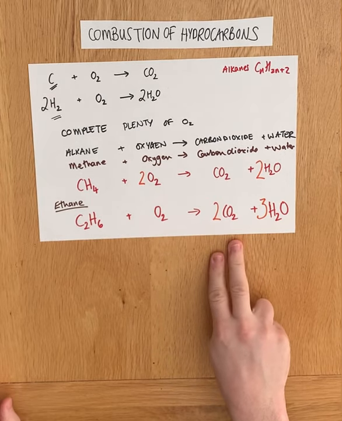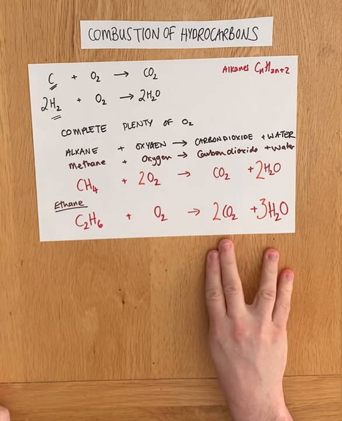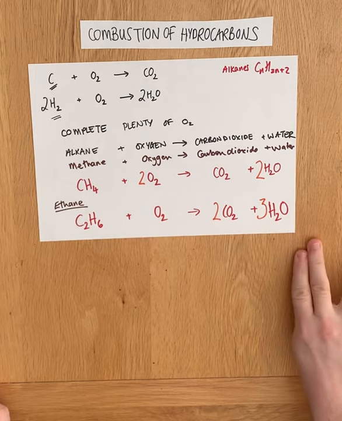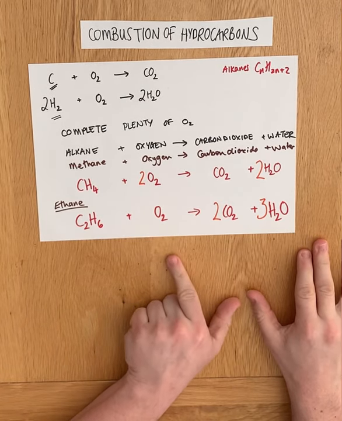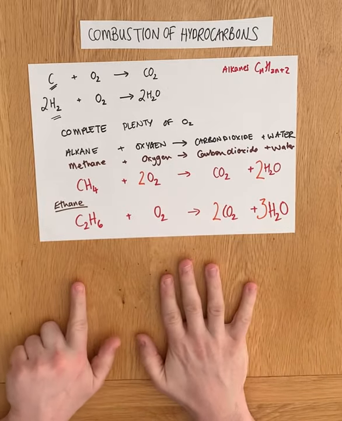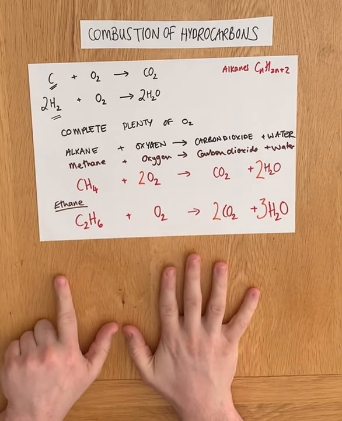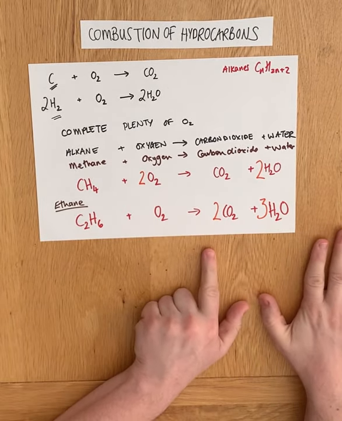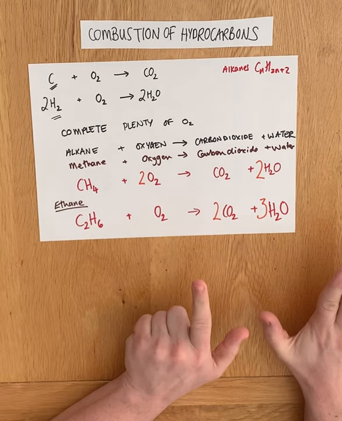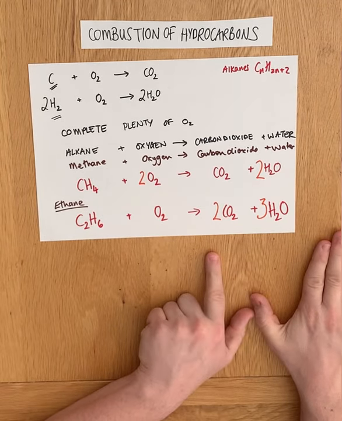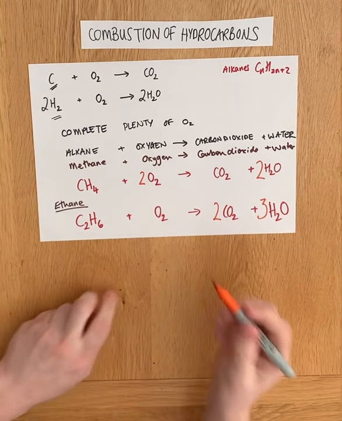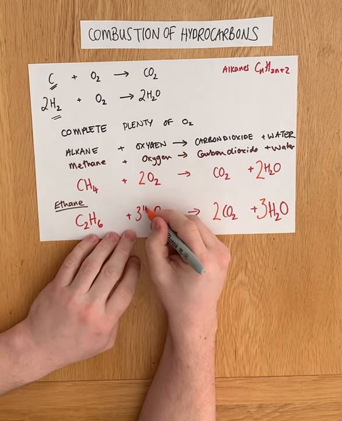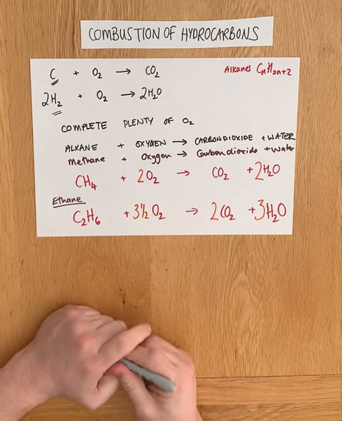I've got 2 oxygens in each of my carbon dioxides, and I've got 1 oxygen in each of my 3 water molecules. That gives me a total of 7 oxygen atoms on my product side. Half of 7 is 3.5. So 3.5 O2s would be required.